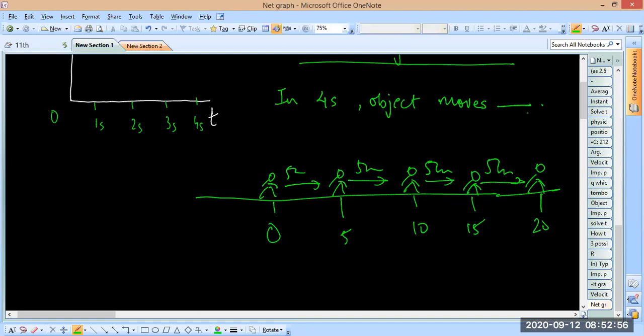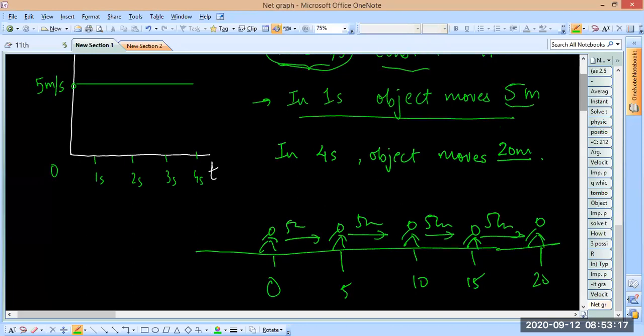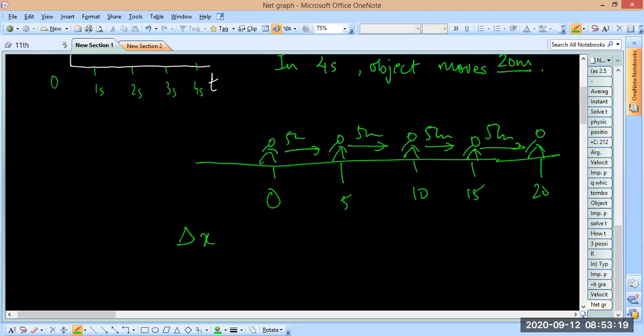Then why did some of you say 5 meter, some of you said 15 meter, some of you said something else? This is very simple, isn't it? So in 4 seconds, object moves 20 meters. So that means displacement is 20 meters, correct?